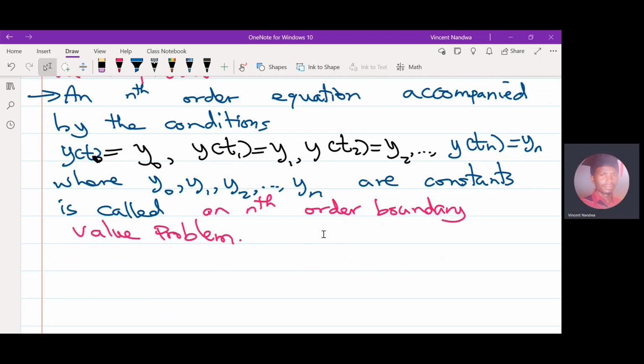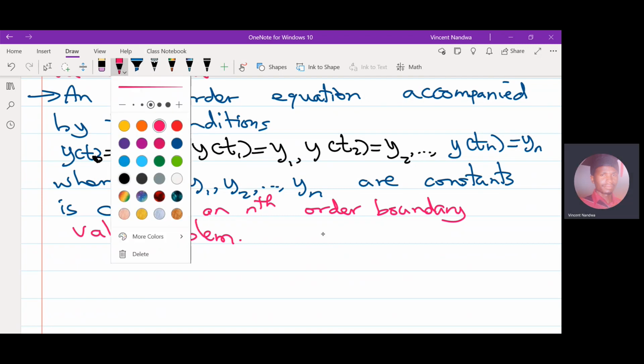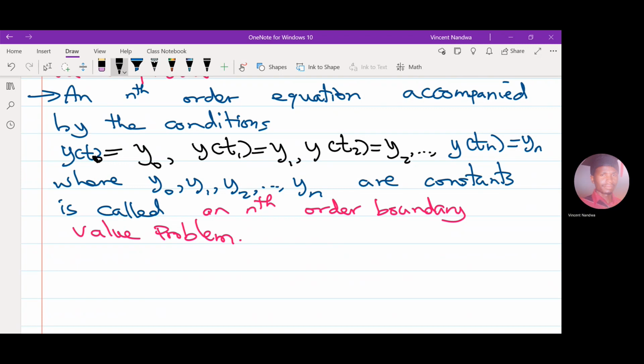But in our case, all the coefficients are going to be taken to be constant or simply real numbers. If you are doing either BSc mathematics or BSc general and you specialize in math, you'll see such kind of problems when you'll be doing methods.